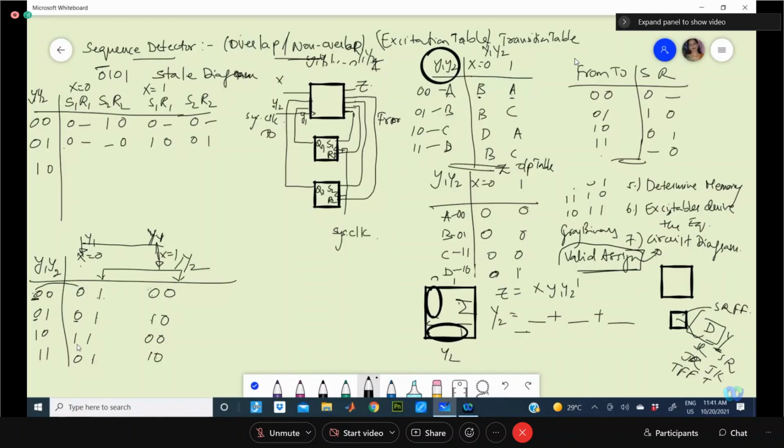1 to 1. What is the transition needed? Don't care 0. Next 0, 0, 1. 0 to 1, 1, 0. 0 to 0, 0, don't care. Next 1, 1. 1, 0.